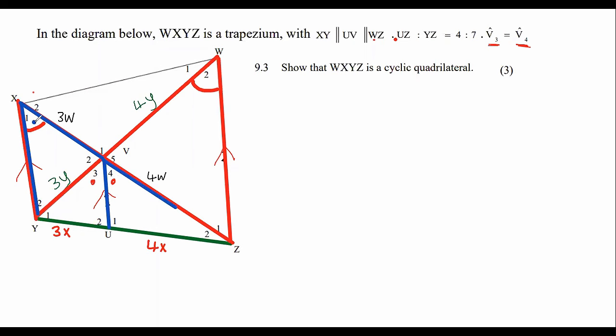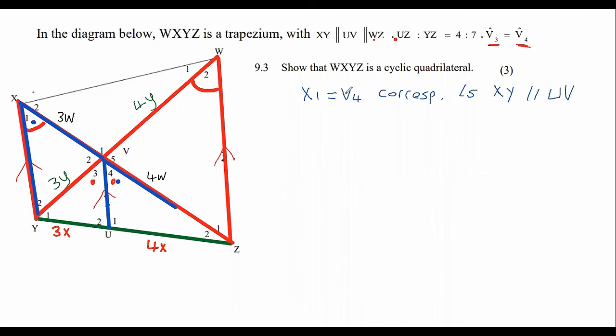That would tell us that X1 is the same as V4. Okay, let's start there. Let's see what happens. X1 equals V4. Why? Because of corresponding angles. Why? Because the line XY is parallel to UV.